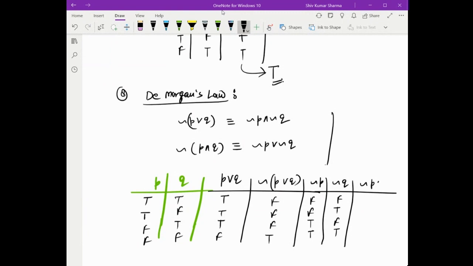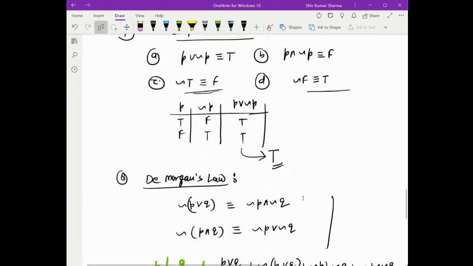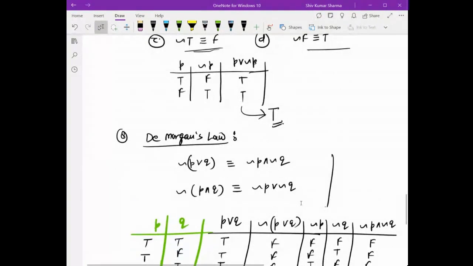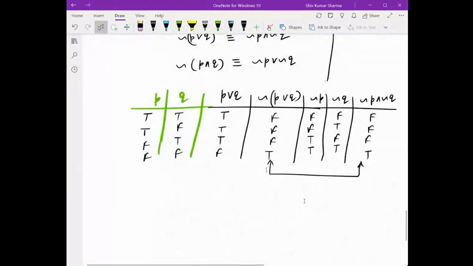And negation of P and negation of Q. And means false only if either is false, so false, false, false, and true. So we see that both columns have the same truth value, which means they are logically equivalent.